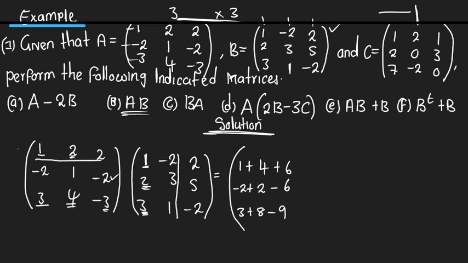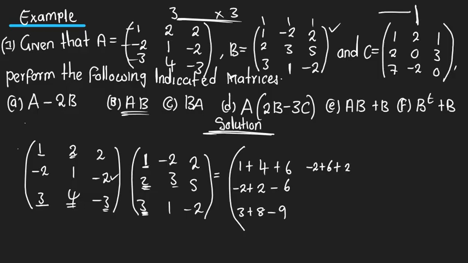So we do the same thing. We start: 1 multiplied by negative 2 is going to be negative 2, plus 2 multiplied by 3 is going to be 6, plus 2 multiplied by 1 is going to be 2.